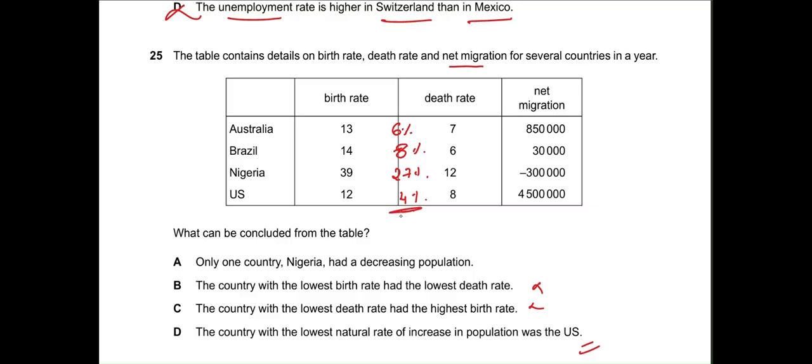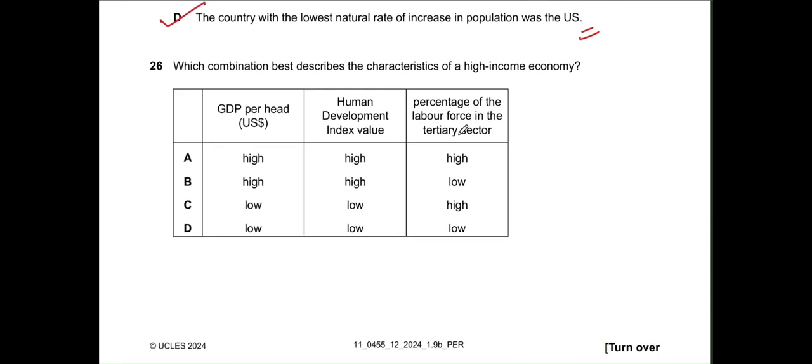So you can see over here option D makes sense to me. It's increasing by only 4%, while you can see other countries are higher. The natural rate means the birth and the death rate, they are excluding the migration part. So that's the reason D would be the right answer for this. All right. Moving ahead with the next question, question number 26 over here.